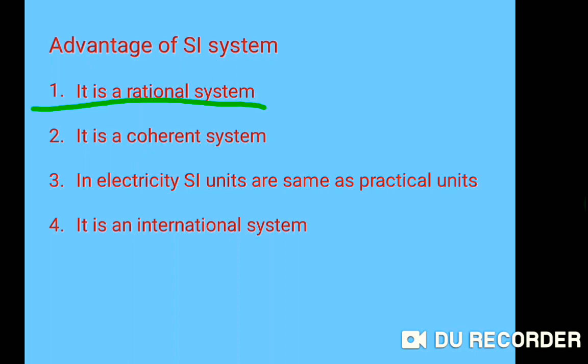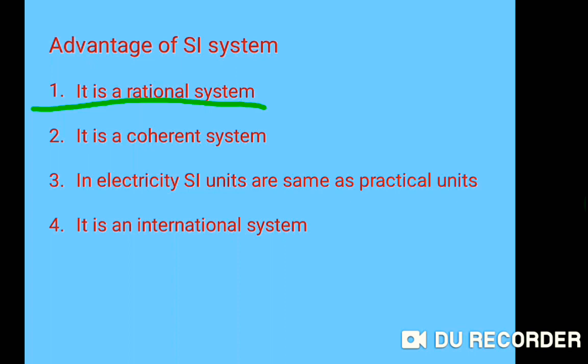For example, in SI system, joule is the unit of all kinds of energy such as mechanical energy, electrical energy, heat energy, etc. While in MKS system of units, these energies are joule, calorie, and watt hour respectively.